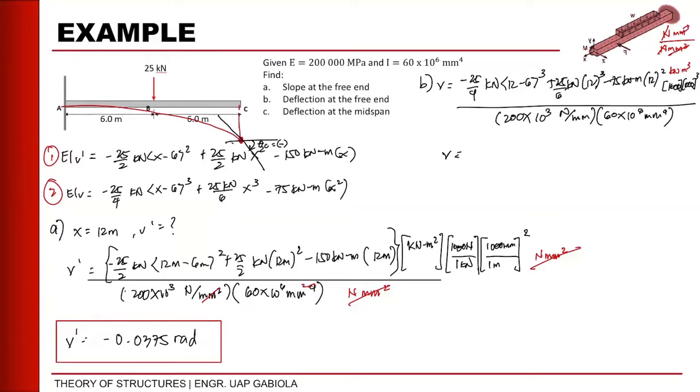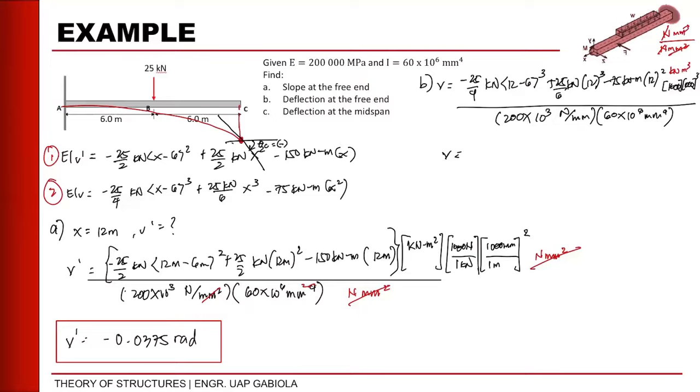Okay? Next is negative 24 over 4. Doon sa deflection na tayo ulit. Times 12 minus 6 cube. Okay? Plus 25 over 6 times 12 cube. Minus 75 times 12 squared. Okay, equals. Tapos, multiply natin ng 1,000 plus 1,000 raised to 3.